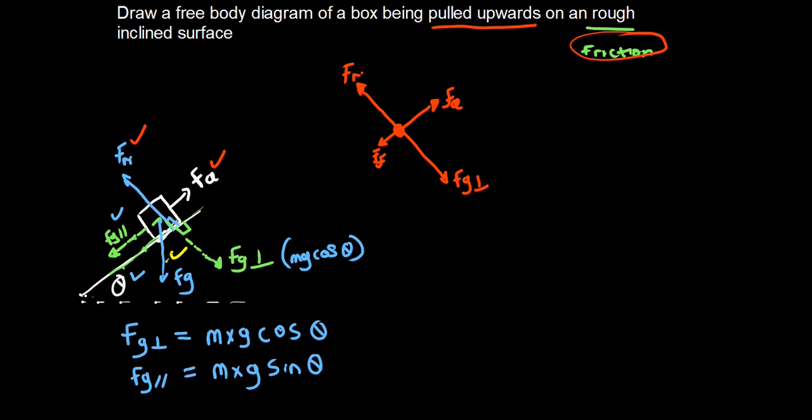The other one is Fg parallel, going like this, and we name it Fg parallel. And that is your free body diagram. I know this may look confusing, but it's not. You just have to repeat until you get it, and do more examples.